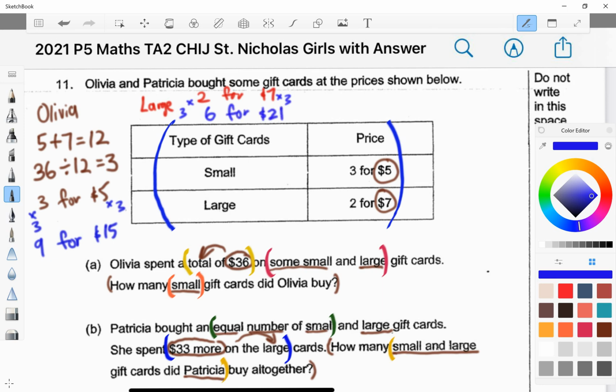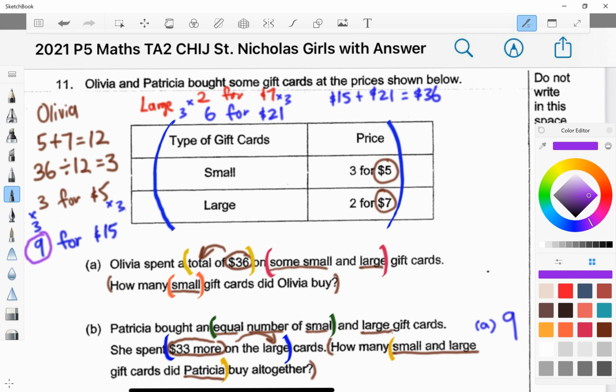And I know that I'm on the right track because if I add up $15 and $21, it actually leads me to $36, which is given to us in the question. So without further ado, we have already found our first answer, our part A. So for part A, how many small gift cards did Olivia buy? She bought 9, which I'm going to circle for everyone in purple over here.